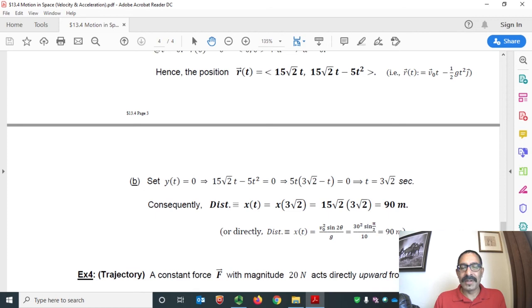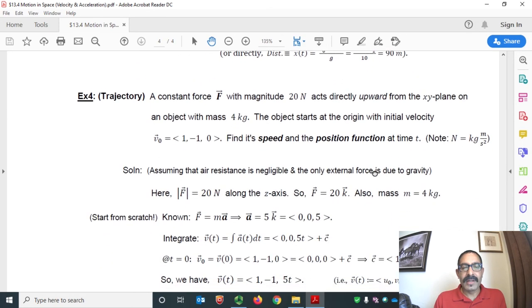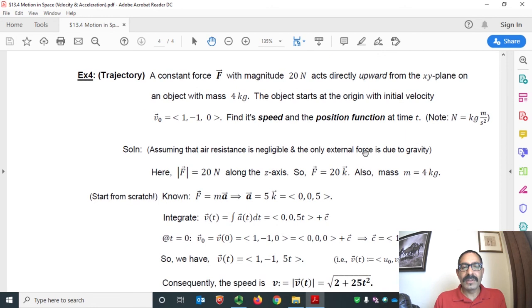Great. Now let's move on. Now example 4, the trajectory. A constant force F with magnitude 20 newtons acts directly upward from the xy plane, meaning toward the z direction, on an object with mass 4 kg. The object starts at the origin with initial velocity with components 1, -1, 0.